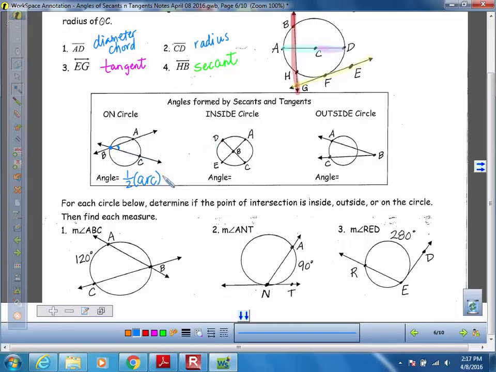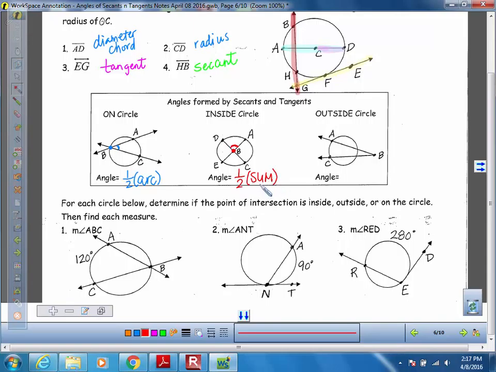Now, today we're going to look at when they're inside and when they're outside. So when the vertex of the angle, let's say we were looking for angle ABD, is inside the circle, the angle is equal to 1/2 of the sum of the arcs.